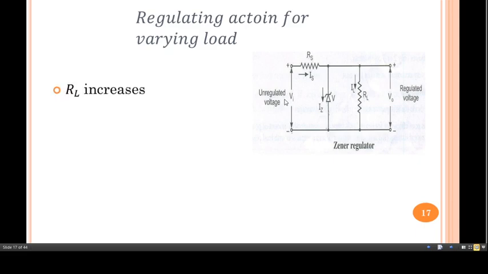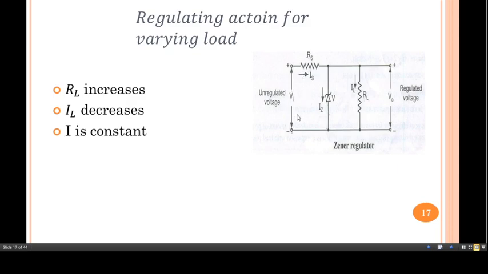Let's see, if the load increases, that means when RL increases, what will happen? IL will decrease, meaning the current through RL will decrease, because we have seen IL is equal to Vz divided by RL, and if RL is changing, IL will change. So once RL increases, IL decreases.